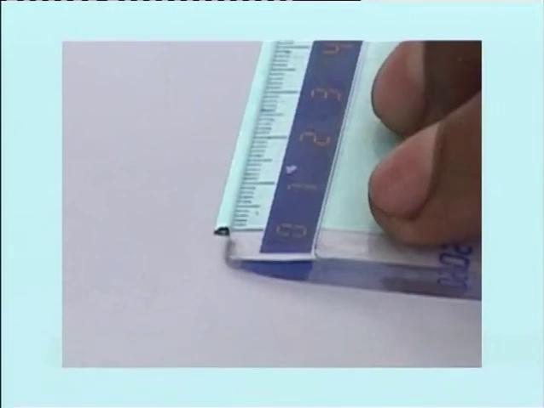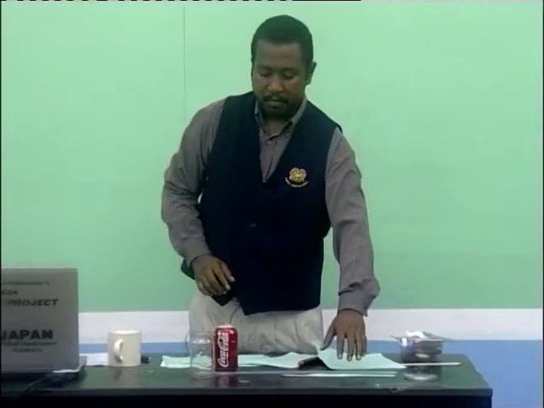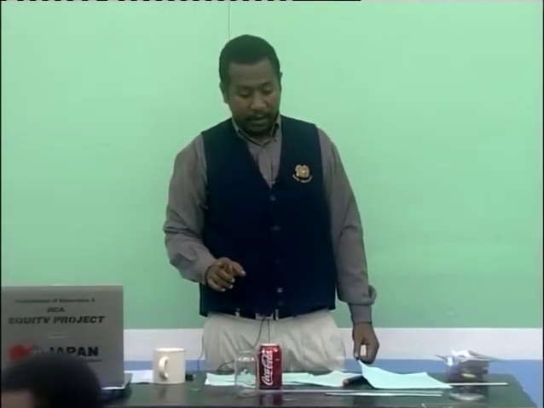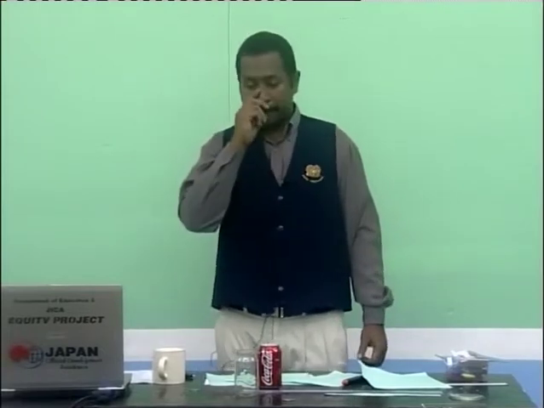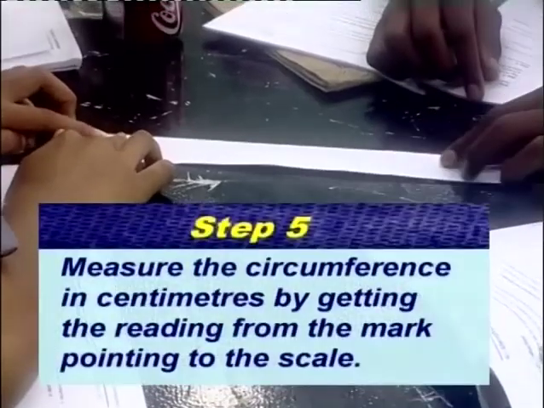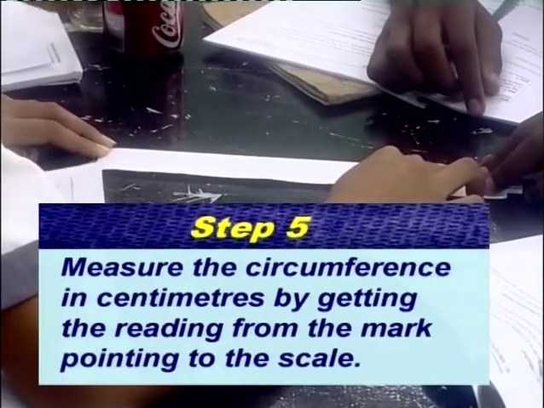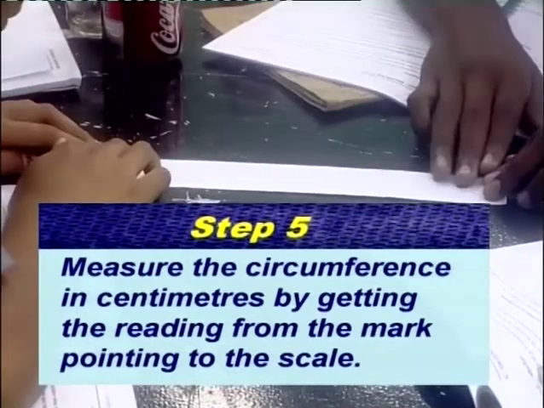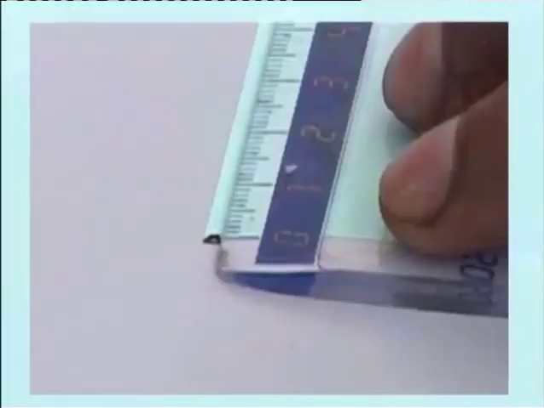And then you find the other mark where the meeting point is, and you get the reading there. Okay? So you should be doing something like this. On the screen, you have the paper there and the ruler placed on top.